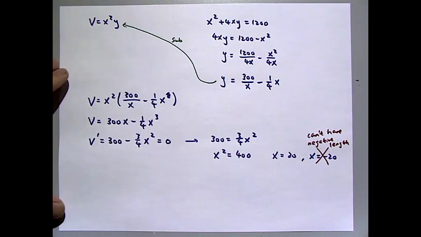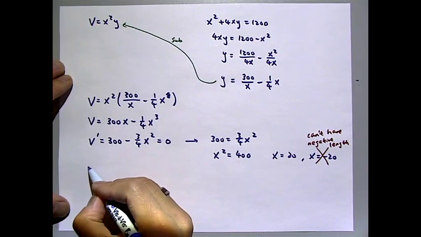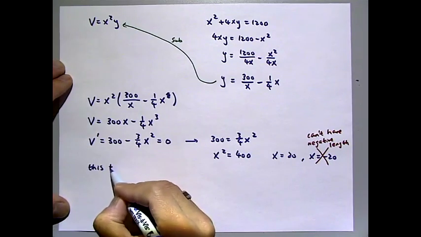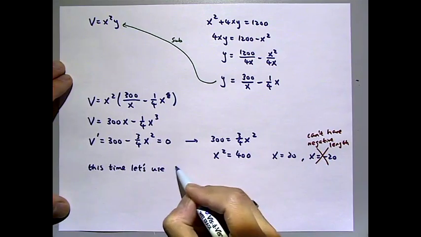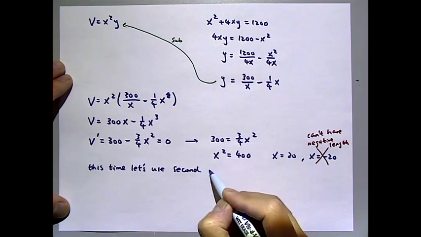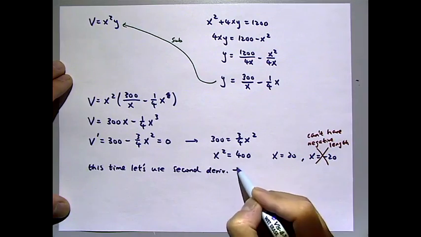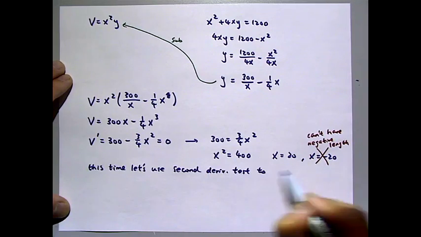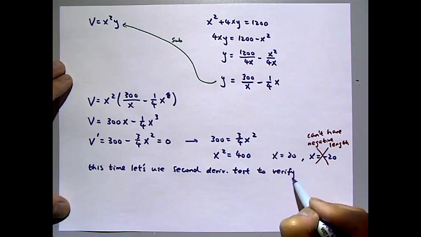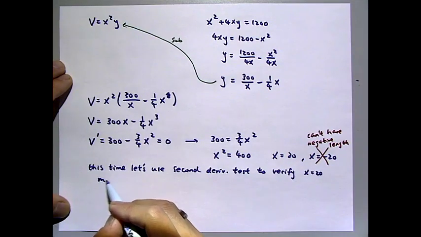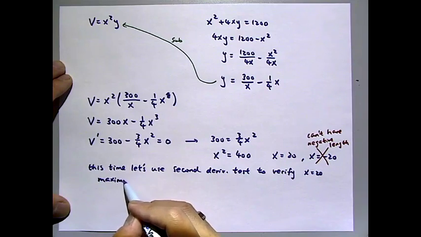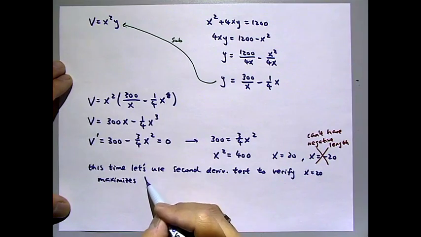This time, let's use the second derivative test to verify x is equal to 20 maximizes V.